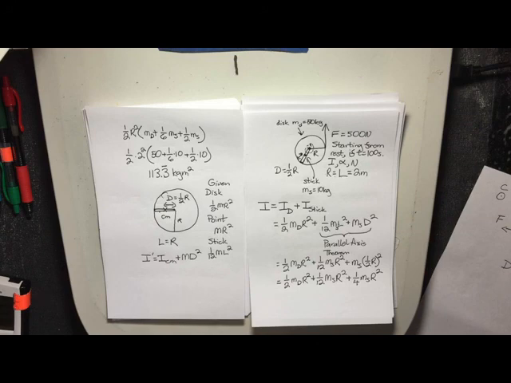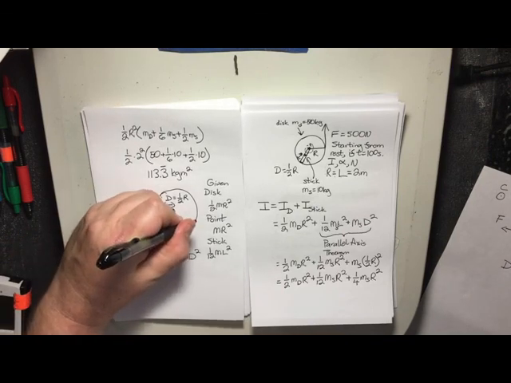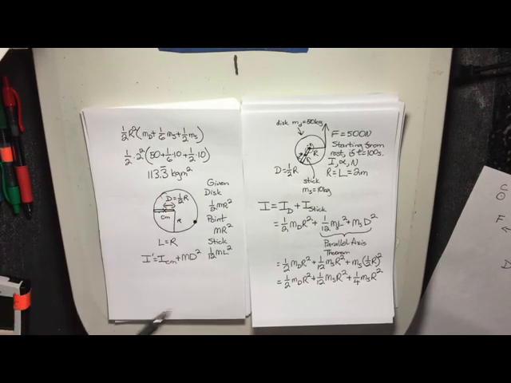The geometry could change. The procedure never changes. The general outline of the procedure is the same. There's the stick with the disc and a point, you just add them together. If I added a point here, which I'm not, because that would add an extra layer, it would be this plus MR squared, mass of the point times R squared.